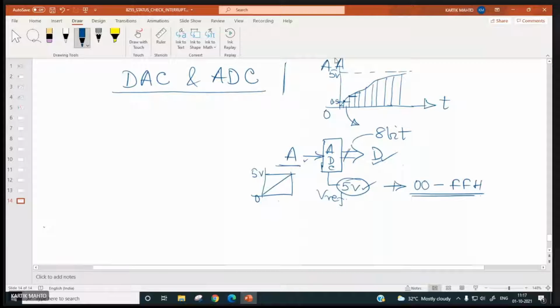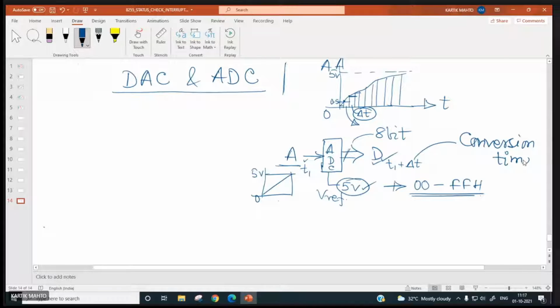Suppose you give your analog at T1, then definitely you will get your output at T1 plus delta T. This width is your delta part, and this delta part is your conversion time. So try to remember this: conversion time.